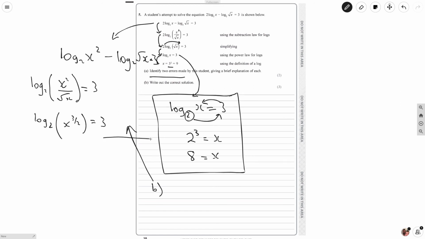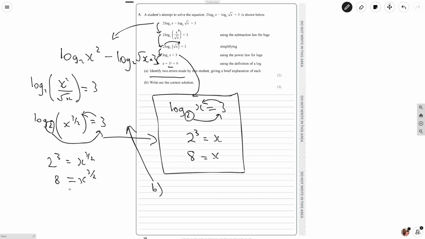Then the same as this bit over here, we start with the 2, we go round to here, this is the power, and then you just copy what is inside the bracket. Of course 2 to the power of 3 is 8. Now I do see people struggle sometimes when they've got x to a power equals a number.